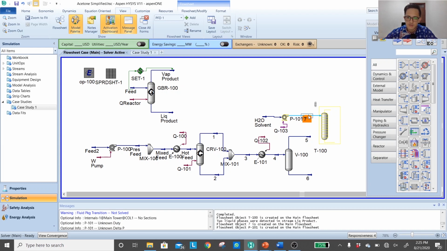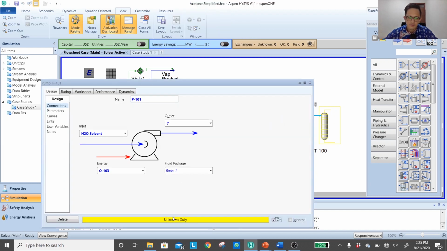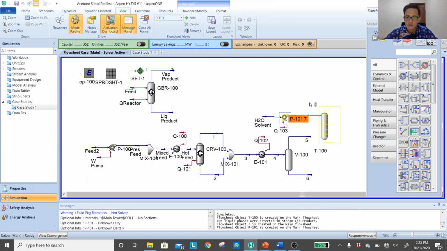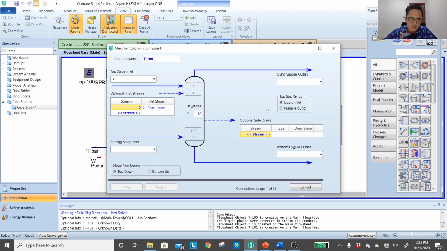For this pump, what you have to define is only the duty or the pressure. And again, the pressure has to match the vapor pressure. In that case, it's 1.3, or again, we can use the set manipulator. Right, upstage in stream 5 actually has to be the bottom.